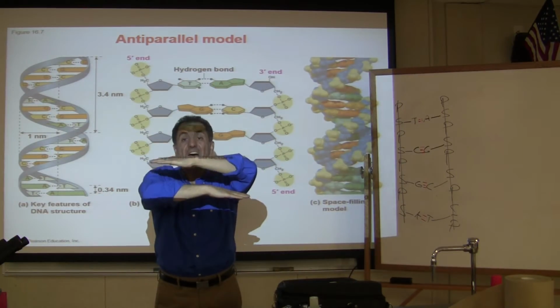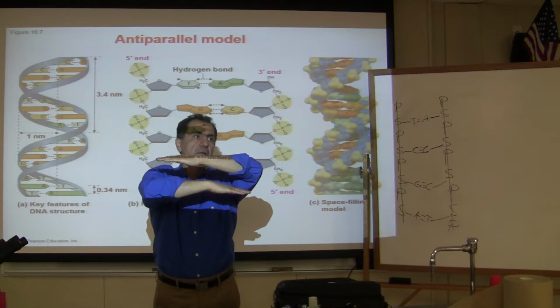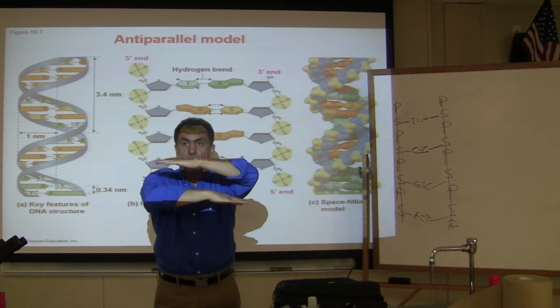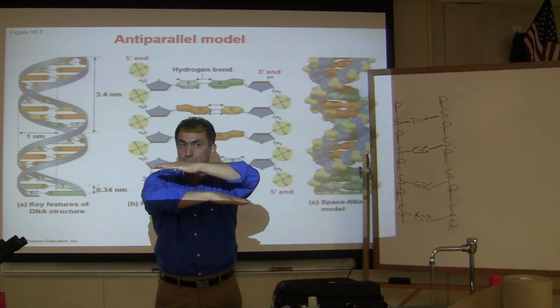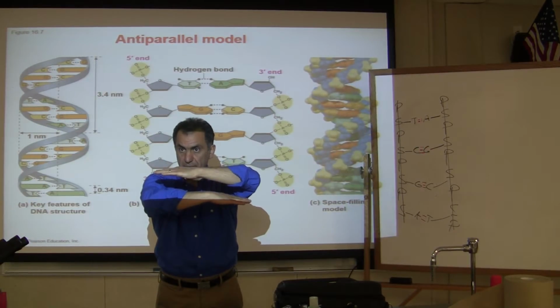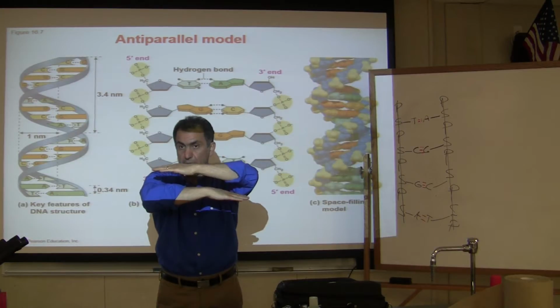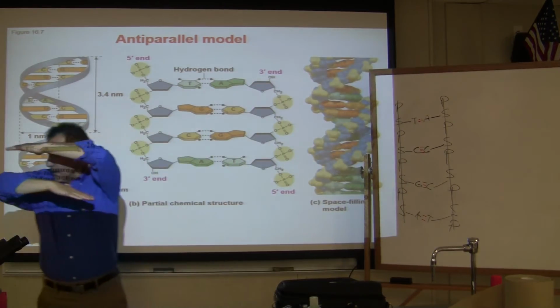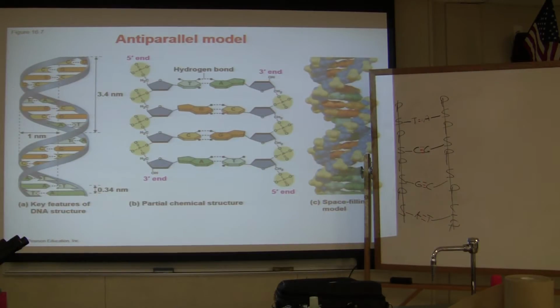They are anti-parallel. Right now my arms are parallel. Right now my arms are anti-parallel. Yes or no? This kind of confused me because they're still parallel, right? I know it's confusing. They're parallel, but they're anti each other.